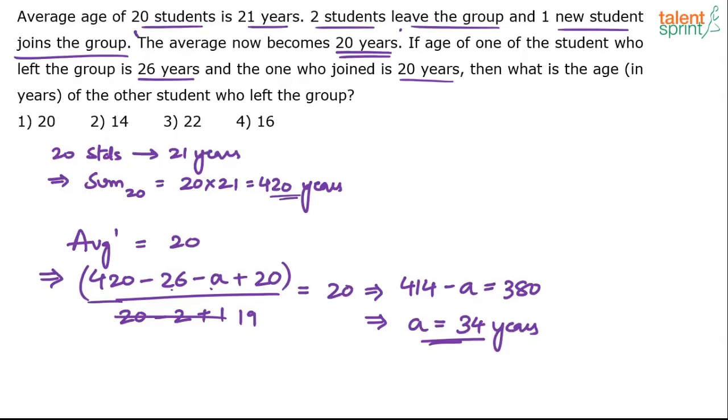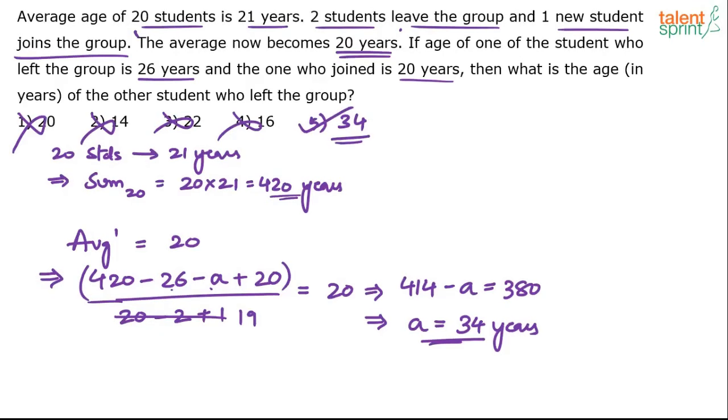Why am I getting 34 years? 34 years, it's not there in the options. According to me, option 1, option 2, option 3, option 4, all are wrong. Now my worry is most of you got 14 years. How do you get 14 years? I think the answer is 34 years, which is not there. Or I would rather say option 5, 34. This is the correct answer.